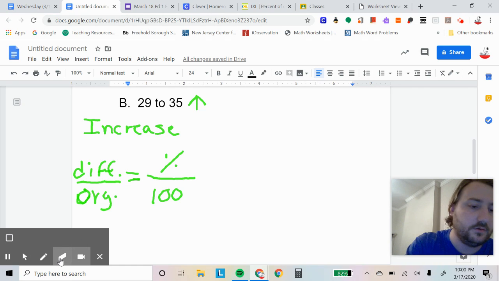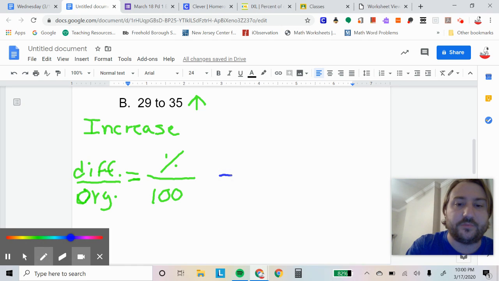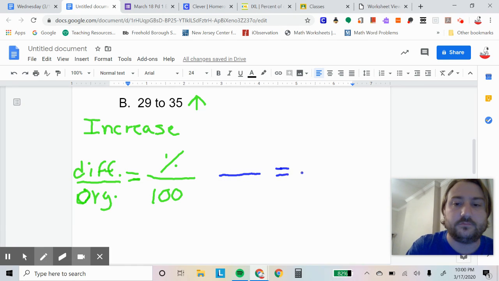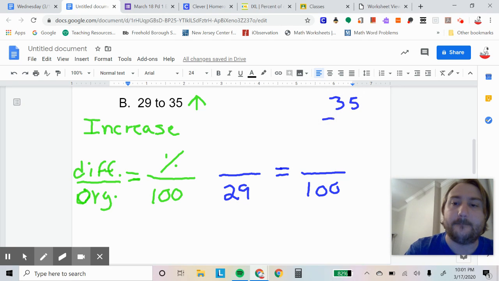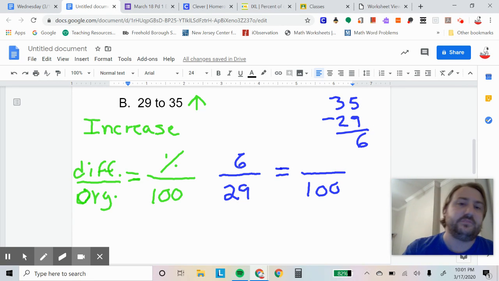Let's start off with our proportion. What did we start with? We started with 29. 100 always goes here. What's the difference? We do 35 minus 29, that gets us 6. And then we put x over here. Cross multiply.